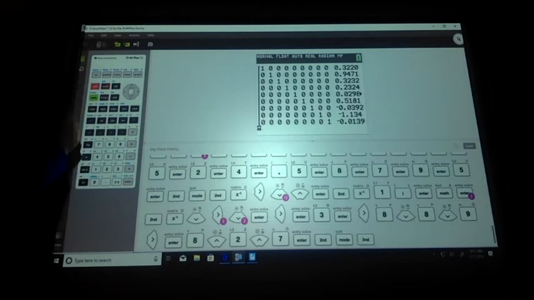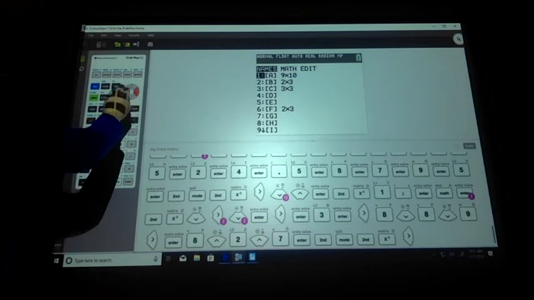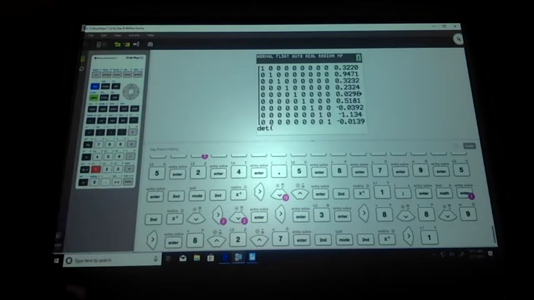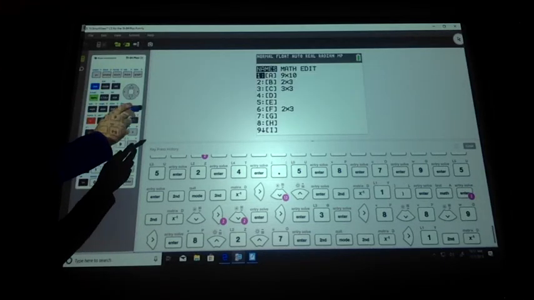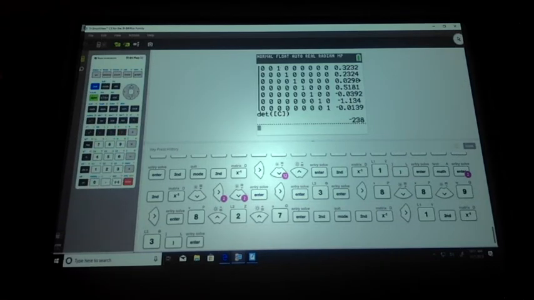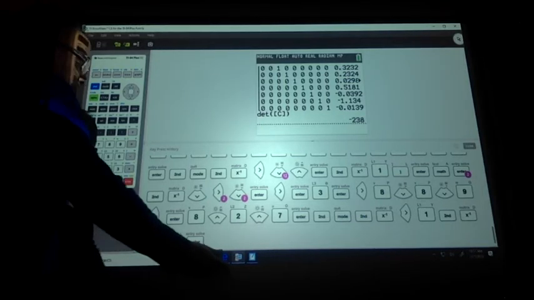So if you quit out, you go second matrix, and on the very top one is called the determinant. You want to take the determinant of what? It has to be a square matrix, so that 3 by 3 will work. The determinant is the value of it. So the determinant of the one I just made up is a number of negative 238. That's it. Cool? Everyone happy?